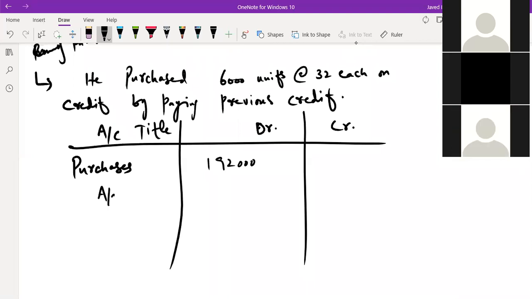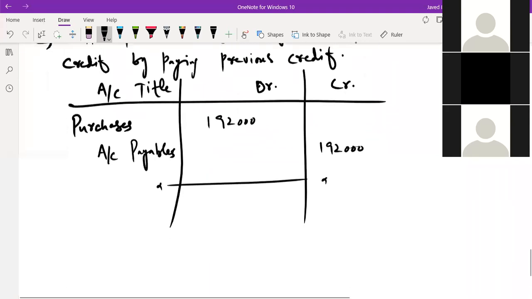As we said, it should be accounts payable. So this is 192,000, one part of the transaction.